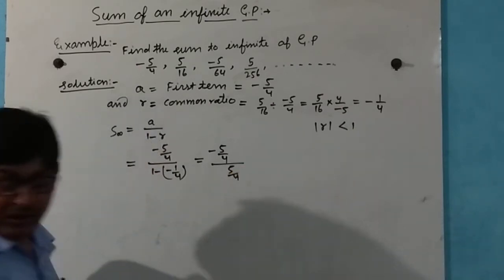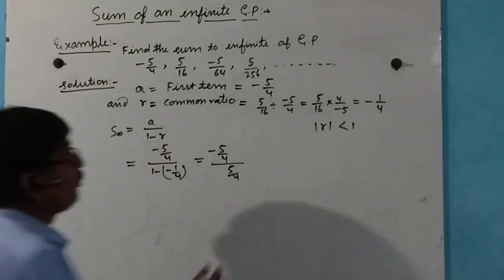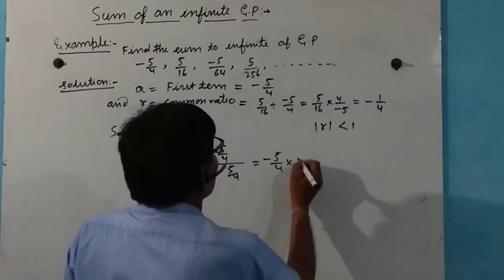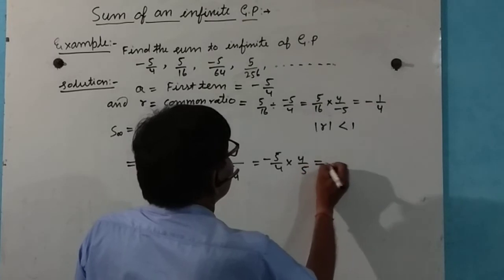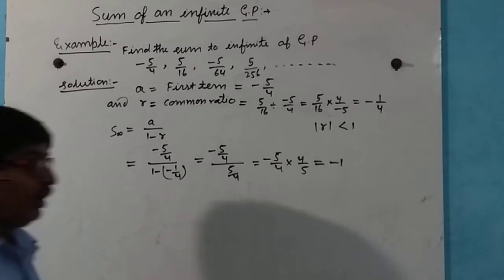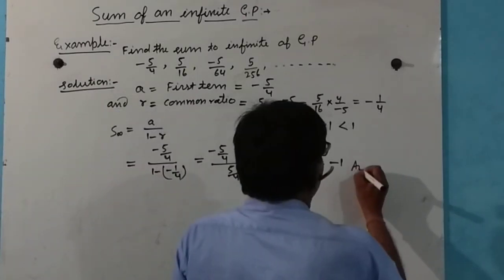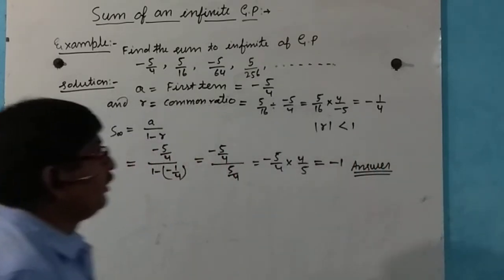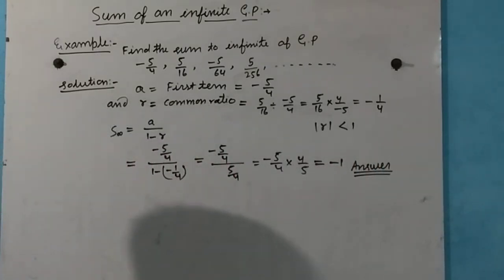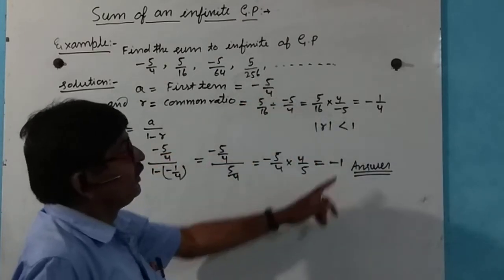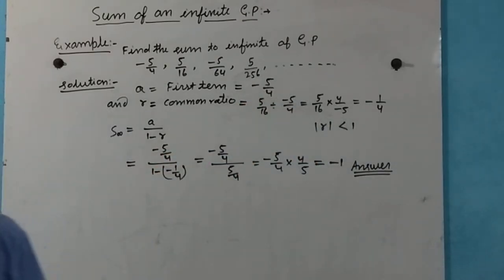This comes to minus 5 by 4 into 4 by 5, which is equal to minus 1. This is our answer. It means that the sum of an infinite number of terms in this GP is equal to minus 1.